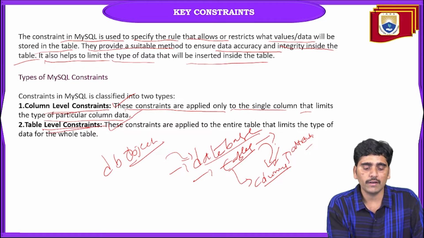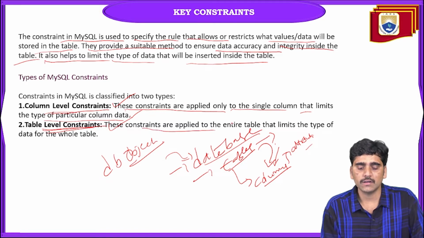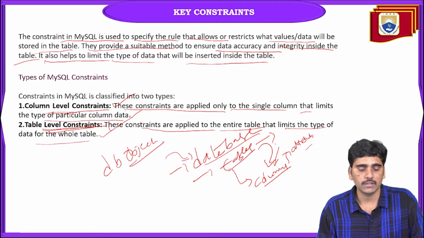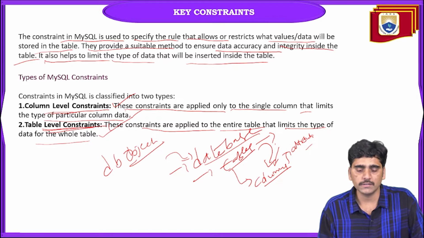But table level constraints are applied to the entire table, limiting the type of data for the whole table. So table level constraints are nothing but constraints you apply to the entire table. Entire table means indirectly that all the columns have to be applied with the constraints.